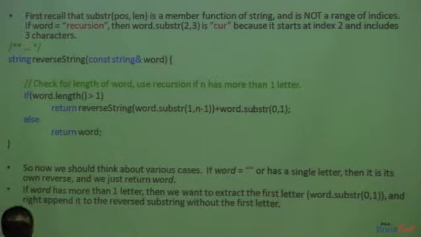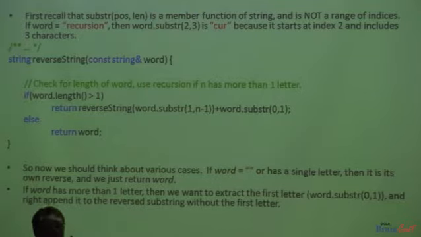Nothing. I just return the word itself. Okay? Now I'm returning by value, so I am making a new copy of the word. I'm passing in a word by const reference, but I'm returning a new word.